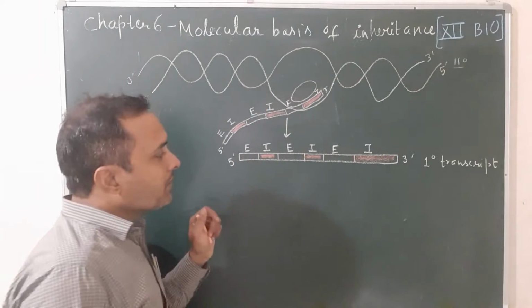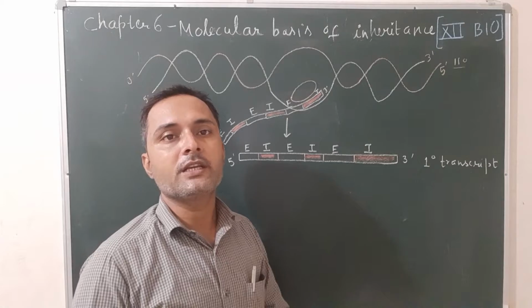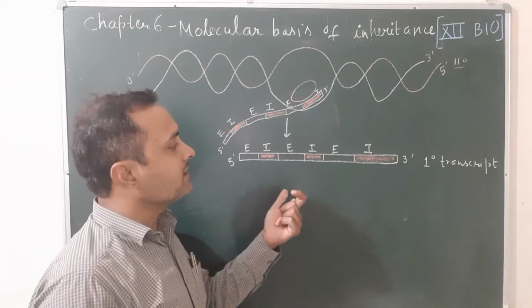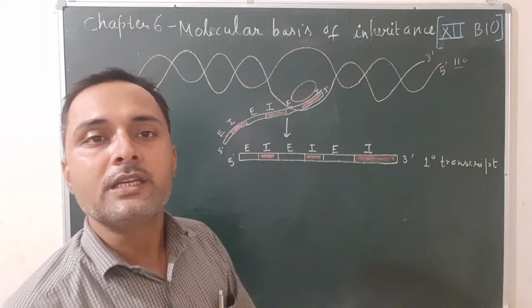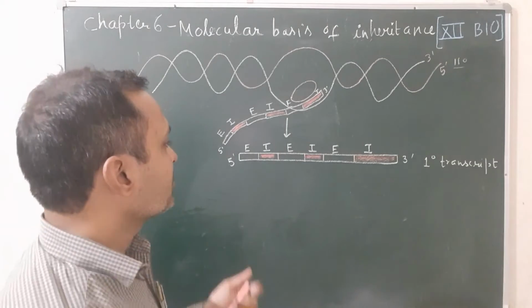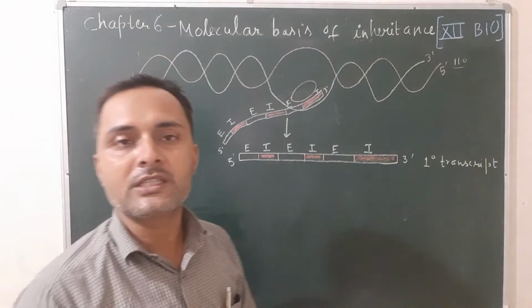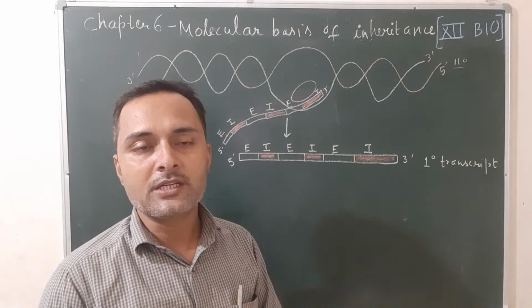In case of prokaryotes, the mRNA consists of only coding region, that is exons only. But in case of eukaryotic mRNA, there are two regions, coding and non-coding. The coding region is known as exons, and the non-coding region is known as introns. In eukaryotes, certain modifications take place after transcription in the primary transcript.